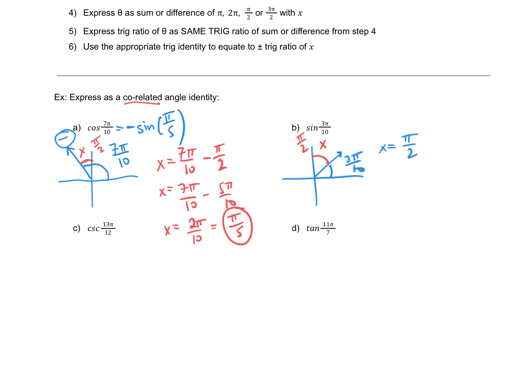So in quadrant 1, we're doing pi over 2 minus 3 pi over 10, get that common denominator just like before, and subtract. And I get 2 pi over 10, which reduces to pi over 5. And in quadrant 1, everyone is positive. Sine is complementary to cos. So sine of 3 pi over 10 is equivalent to cos of pi over 5.